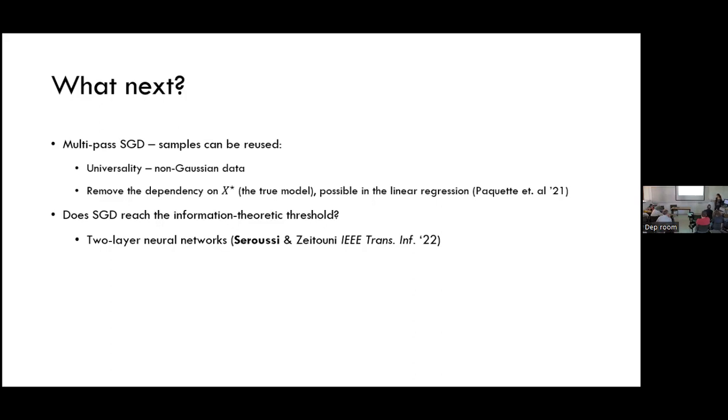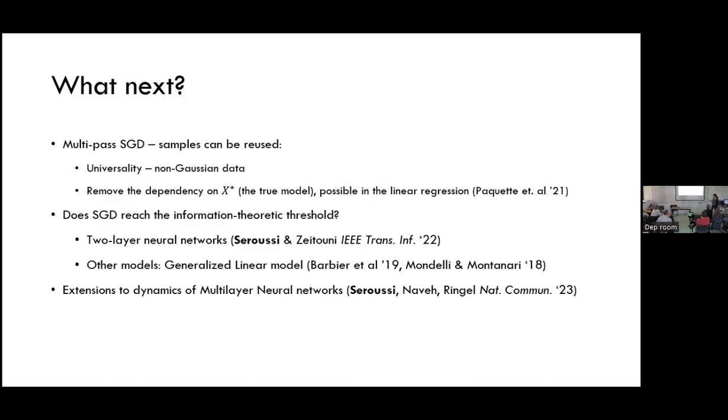We do have such results that give a lower bound on the error, so it would be interesting to compare and show how SGD is doing with respect to this lower bound. There are also some other results in the literature in that context. Another idea that I'm also interested in is how to extend this to when you have not just one layer in the context of neural networks, but many layers.